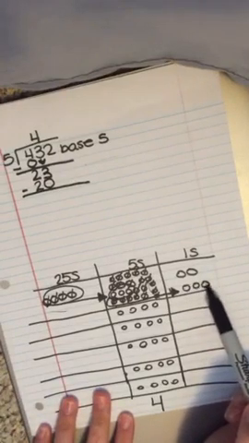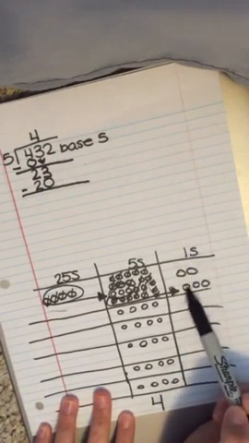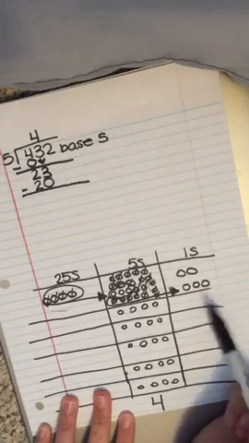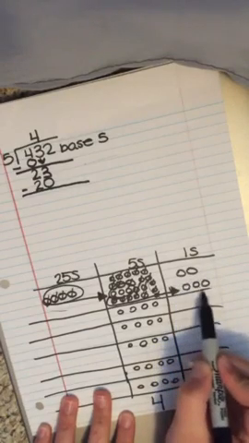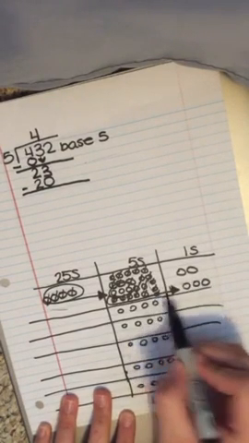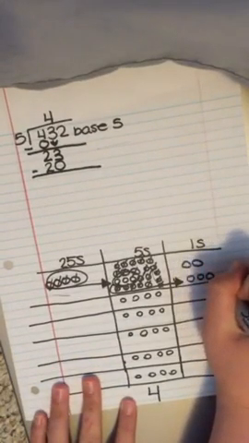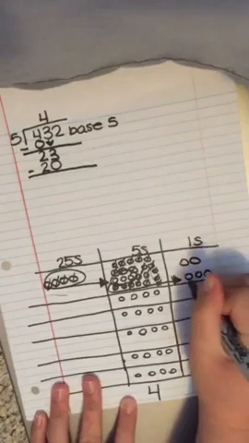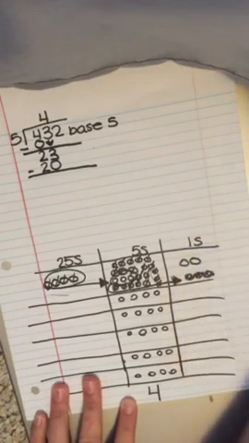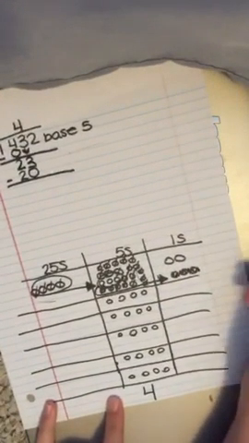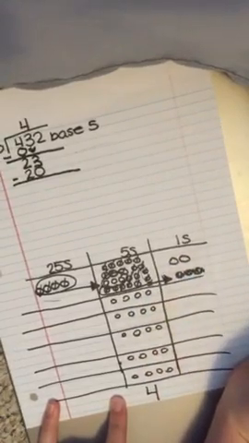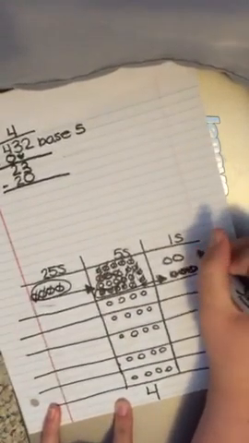These ones chips automatically equal 5 apiece. So though we moved 3 over, altogether these 3 represent 15 ones. So we're going to add 15 little ones chips.